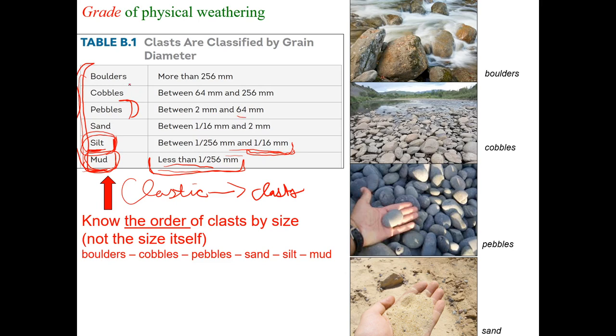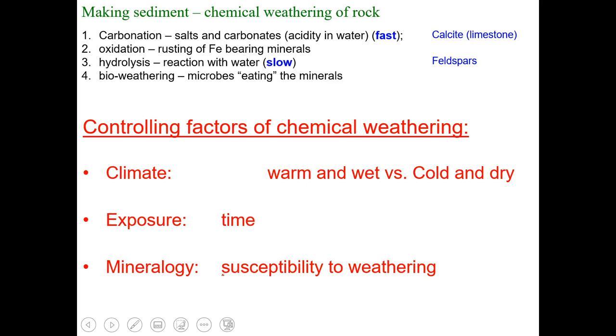It's not quite as big as your fingertip. Cobbles are kind of like stones; this is really too big for a pebble. That's really more of a cobble. And boulders are pretty big things.